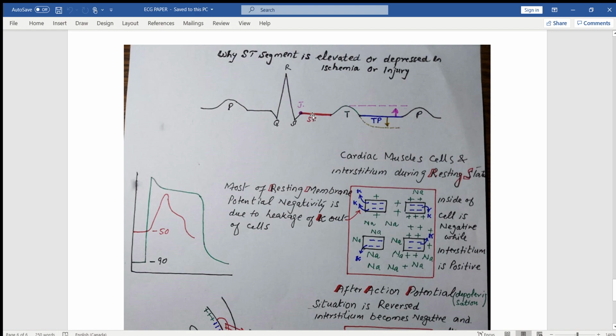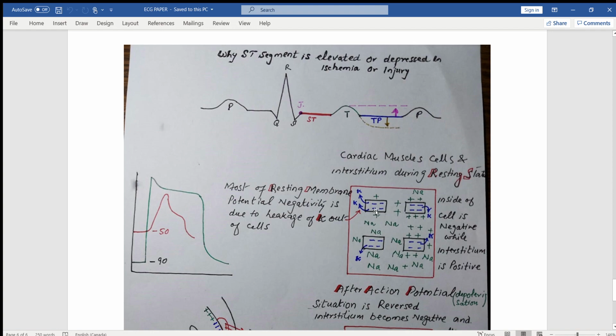Let's see the situation. Concentrate on this red box. This red box is the normal heart muscle, and within that box you have the black boxes. These black boxes are the cardiac muscle cells, and outside them is the interstitium.